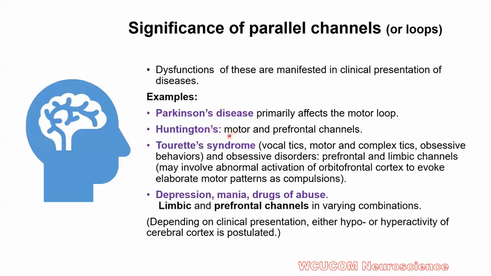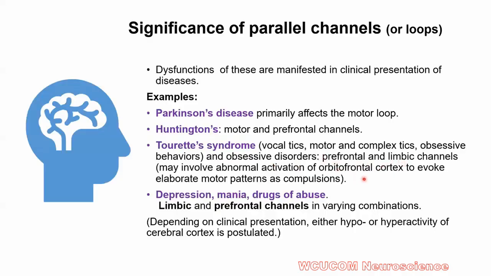And now we're looking at Tourette's syndrome and obsessive disorders. Of course, Tourette's syndrome has vocal tics, motor and complex tics, various types of obsessive behaviors, and then obsessive behaviors themselves may involve a dysfunction in the prefrontal and limbic channels, and may also involve an abnormal activation of orbital frontal cortex.